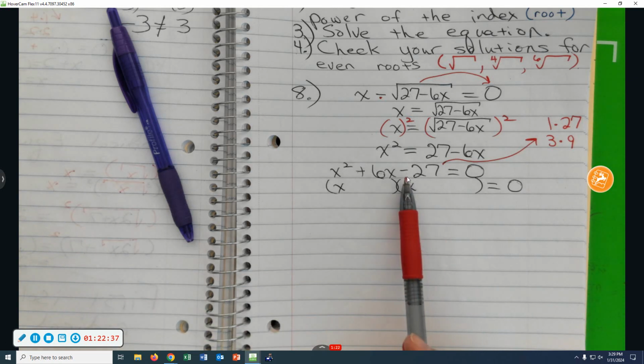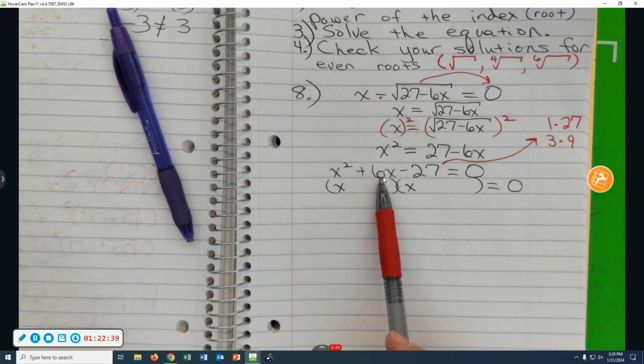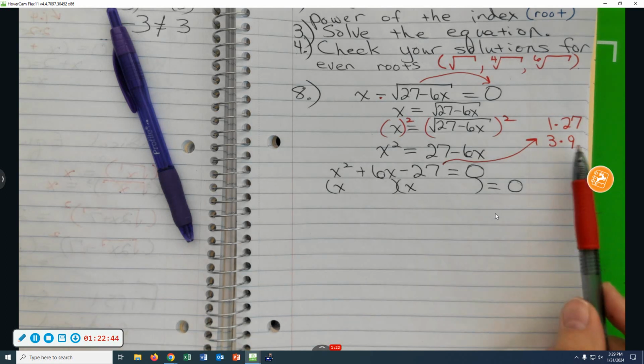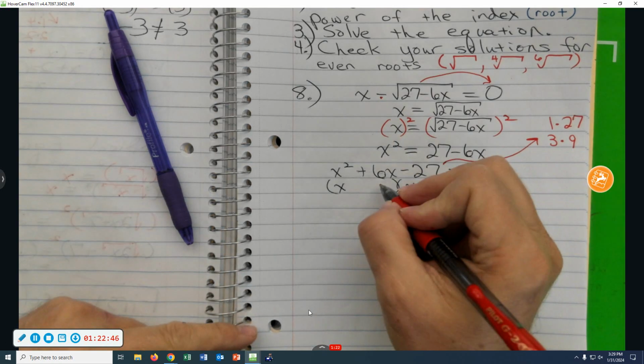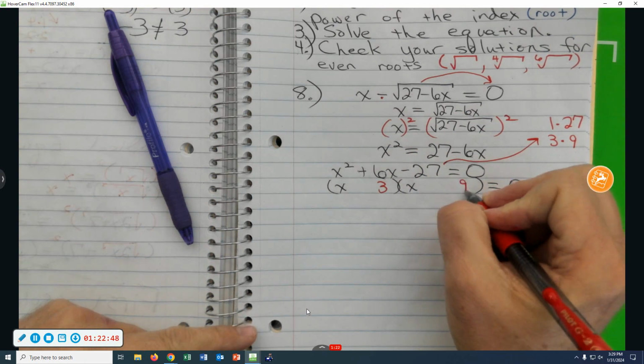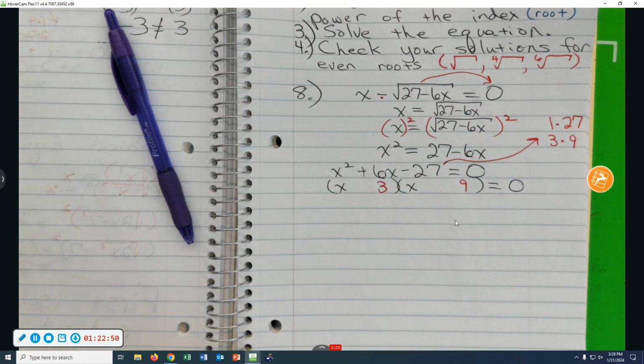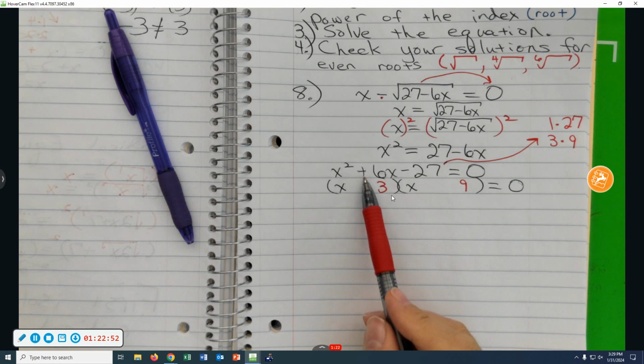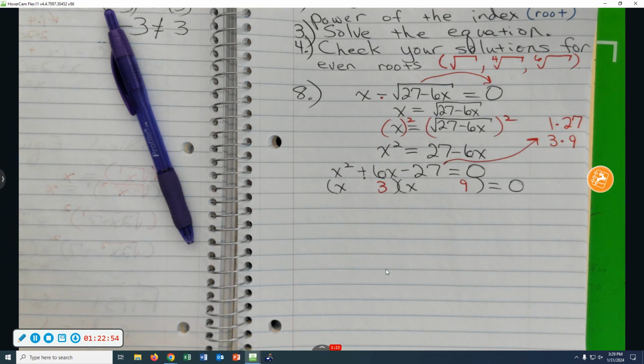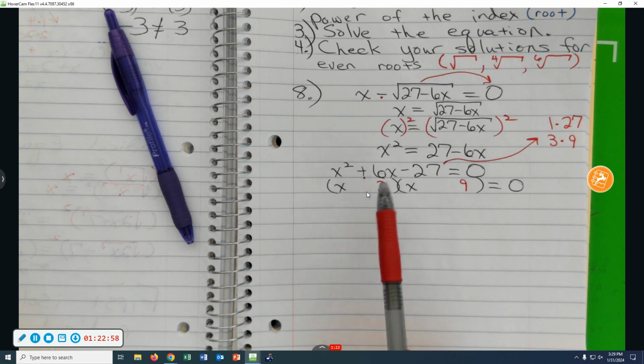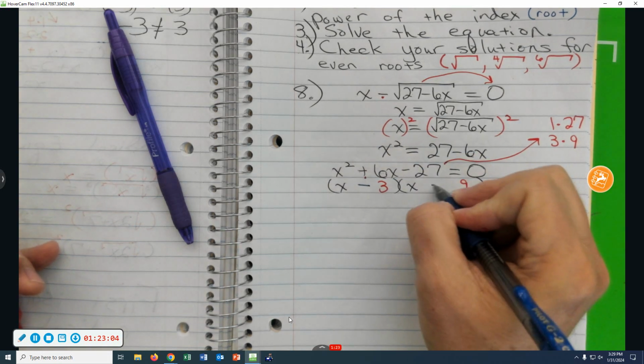You want the pair that subtracts to give you that 6. 3 and 9, 9 minus 3. So I'll put the 3 there, the 9 there. Play it out in your head. Remember, you want a positive 6x. So what needs to go in front of that 3? A plus or a minus to get back that plus 6x. A minus here and a plus there.